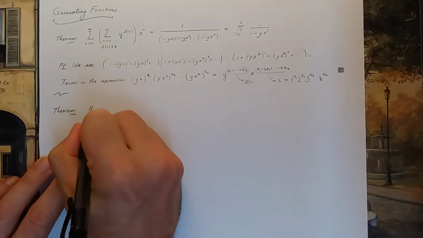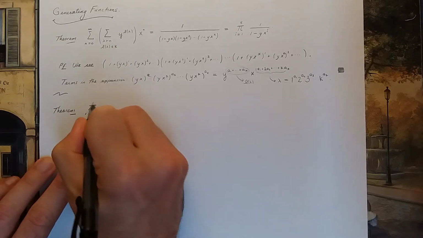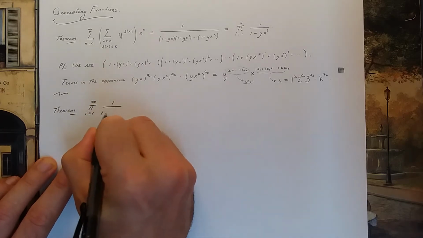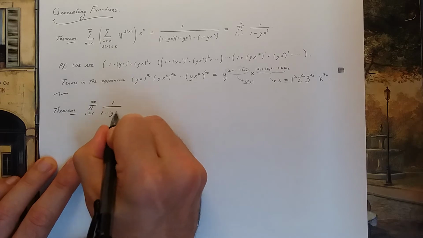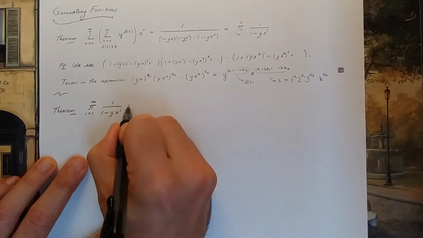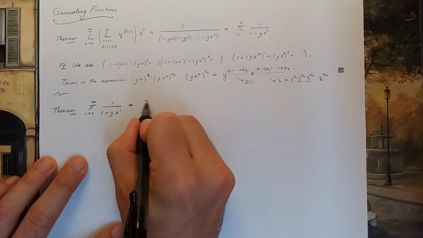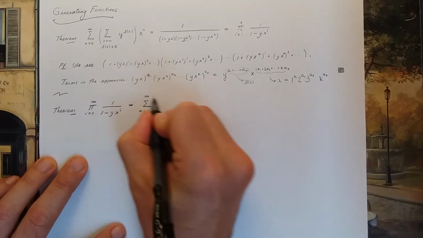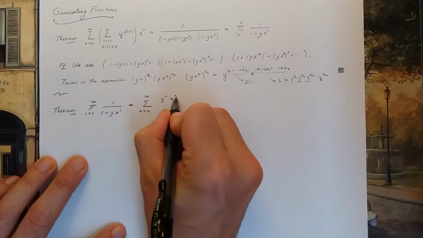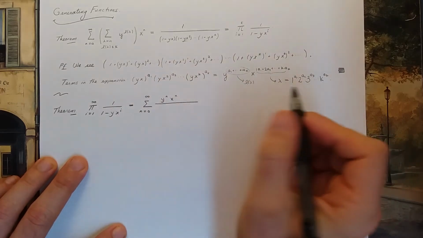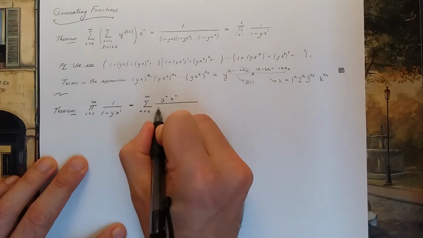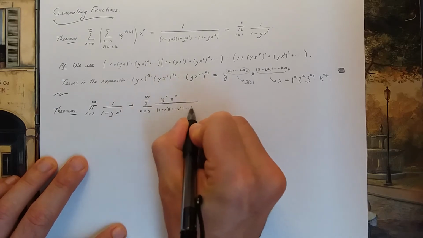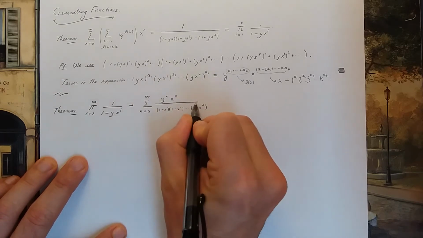The product, i going from 1 to infinity, of 1 over 1 minus yx to the i power, that's going to equal the sum, n going from 0 to infinity, y to the n, x to the n, divided by 1 minus x times 1 minus x squared until I get to 1 minus x to the n power.